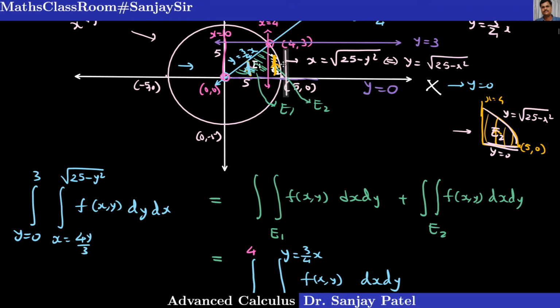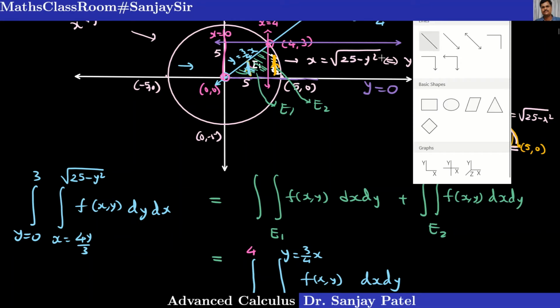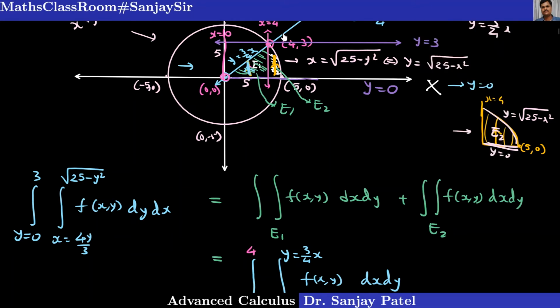You can say the region of integration is bounded between these 4 curves: x equal to 4 and this line, that is x equal to 5. Let me shift it.